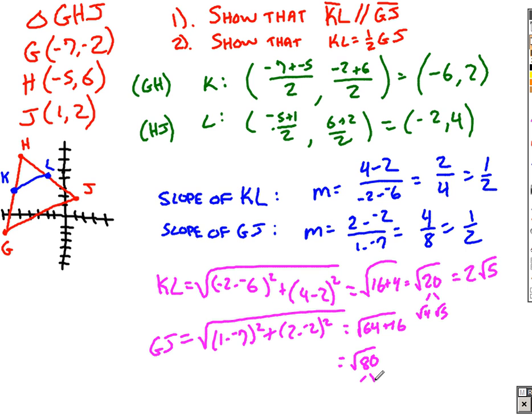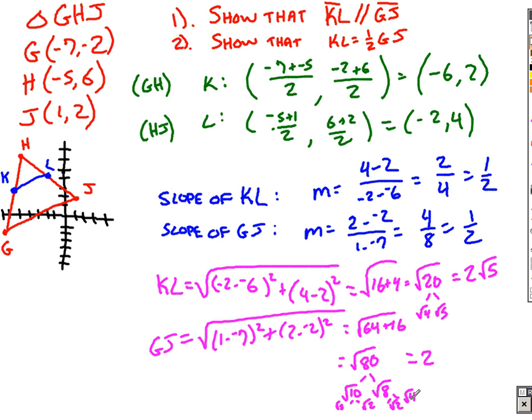Well, I will simplify this by saying square root of 10 times square root of 8, and I can simplify that even further. I can make it so that this becomes square root of 4 and square root of 2, and this here will become square root of 2 and the square root of 5. So the 4 here becomes a 2.